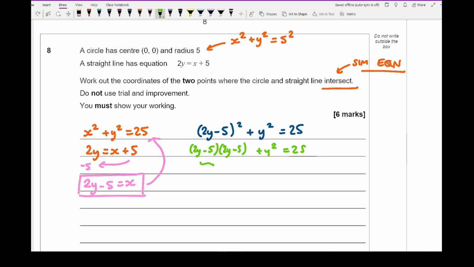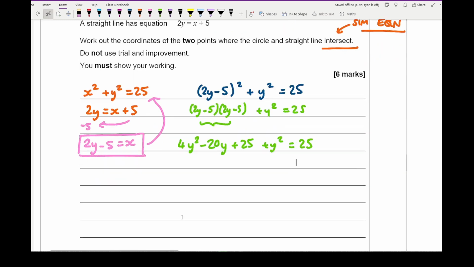Now expanding this out and simplifying, recognizing that this is 2y minus 5 times 2y minus 5, I'm going to get 4y squared minus 20y plus 25 plus y squared equals 25.